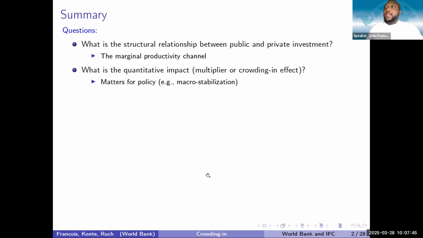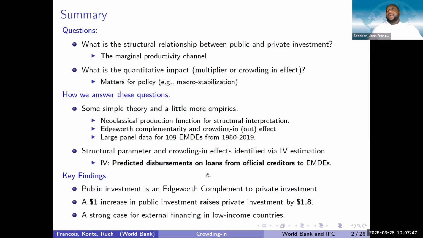So what are the key findings? One, public investment is an Edgeworth complement to private investment, which means that an increase in public investment tends to raise the marginal productivity of private investment and hence can also lead to an increase in the level of private investment itself.